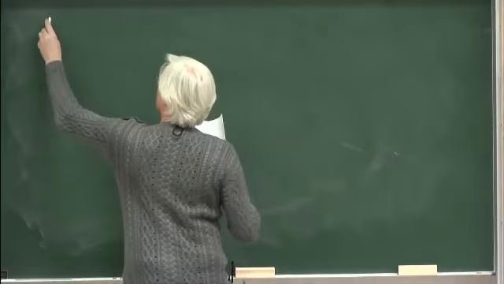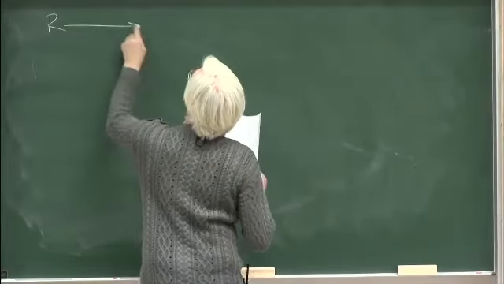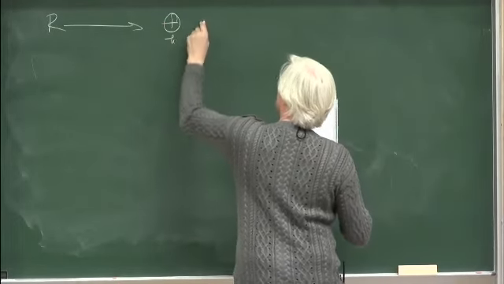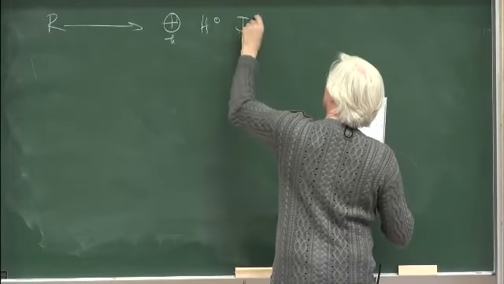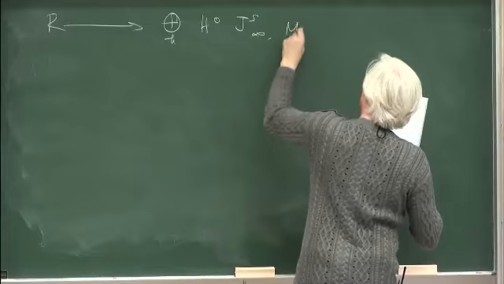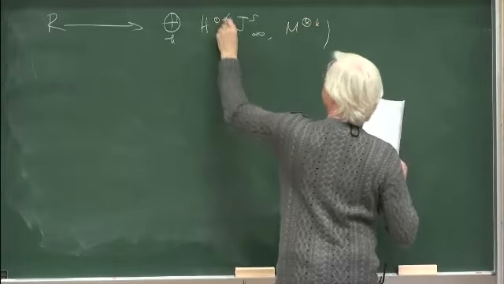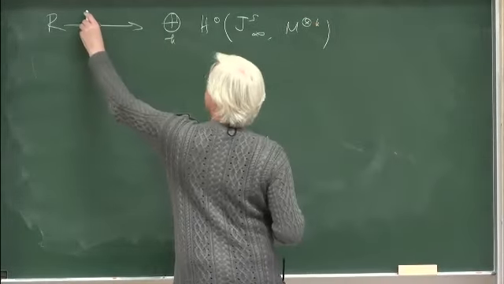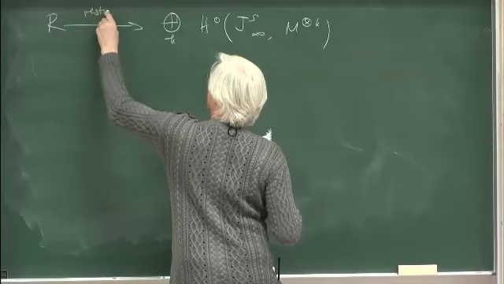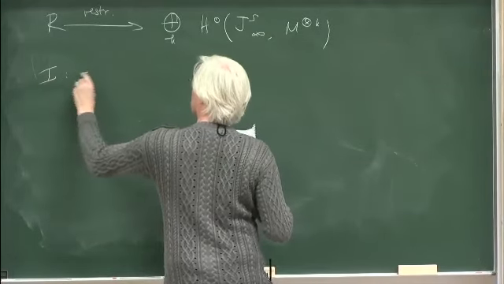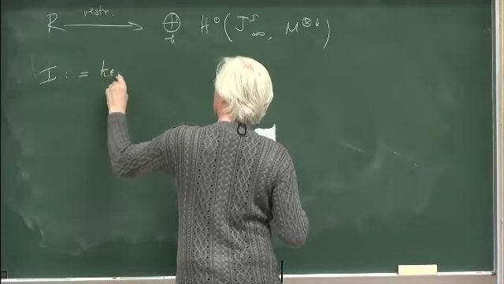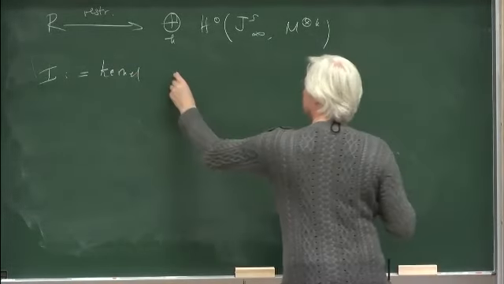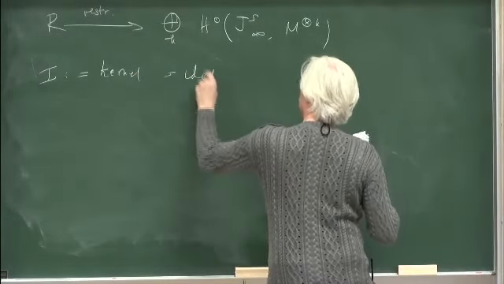So we have a ring homomorphism from R, simply a restriction map, and I is its kernel. So I can simply define this to be the ideal of stable Schottky relations.